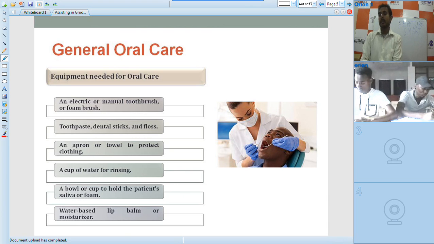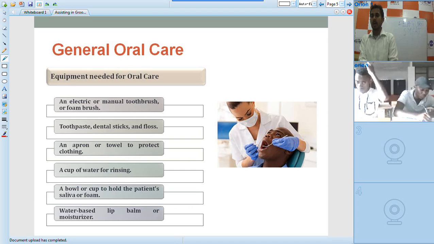A separate cup or bowl which holds the patient's saliva during the oral care, so the patient can spit all the saliva or waste materials in that particular bowl or cup.